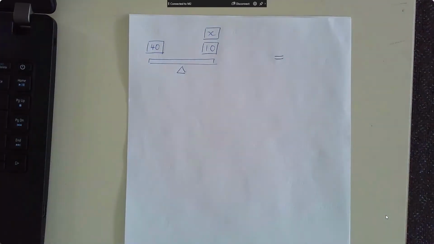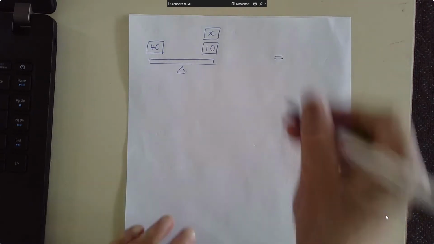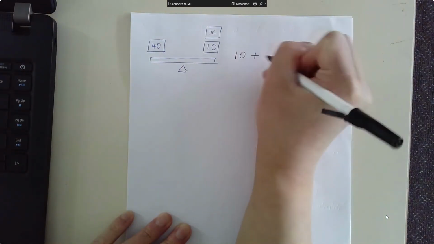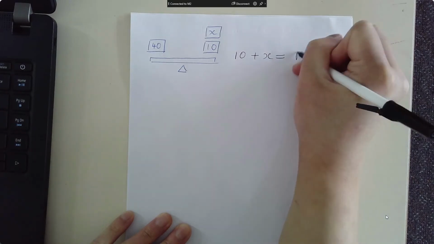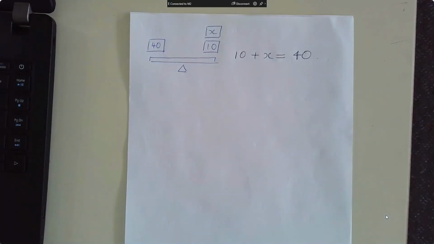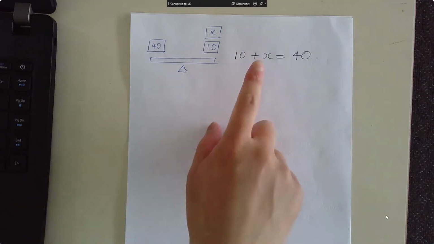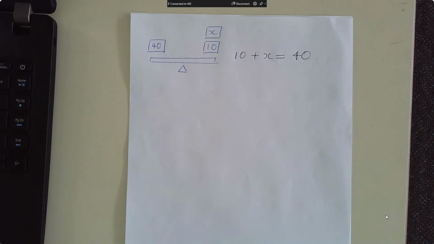Suggestions? Okay, Stuart. You could do like 10 plus x equals 40. What do you think? You comfortable with that? Okay. Why are we adding? Maybe that's a very simple question, but it's worth stating.